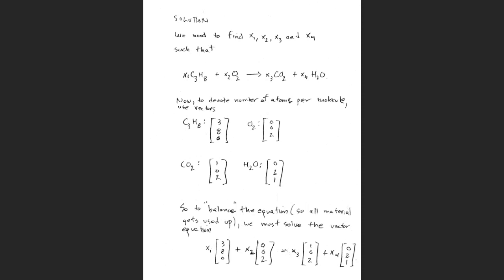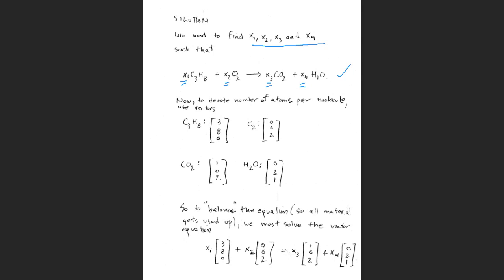To balance the equation, we need to find coefficients x1, x2, x3, and x4, such that we have a balanced chemical equation. I remember in high school, we had to count up the atoms on each side and work it out until you get the balance. But it can be difficult to do, depending on the type of reaction you're working with.